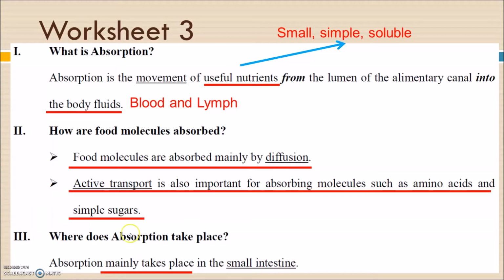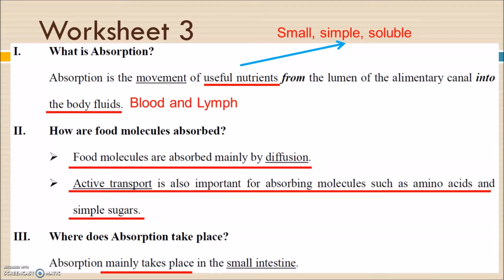So where does absorption take place? Remember the keyword: mainly in the small intestine. The word mainly matters, because in MC questions it may be a bit tricky. It may give the statement that absorption only takes place in the small intestine, but of course that's not correct.